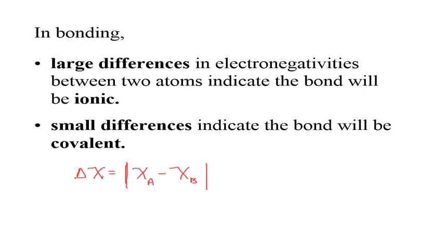So here, if you have a large electronegativity difference, then electrons are going to be transferred. I'll go ahead and say transferred from, maybe already this makes sense, from low electronegativity value to high.